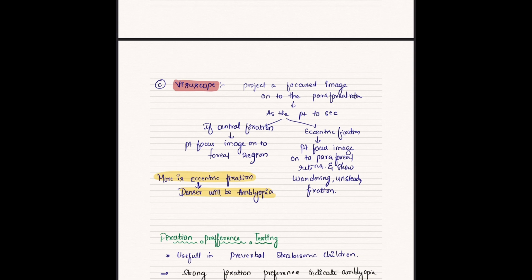The greater the eccentricity of fixation, the denser the amblyopia. If this is the retina and this is the fovea, the fixation can be foveal or somewhere in the extrafoveal region. The farther the fixation point, the denser the amblyopia.